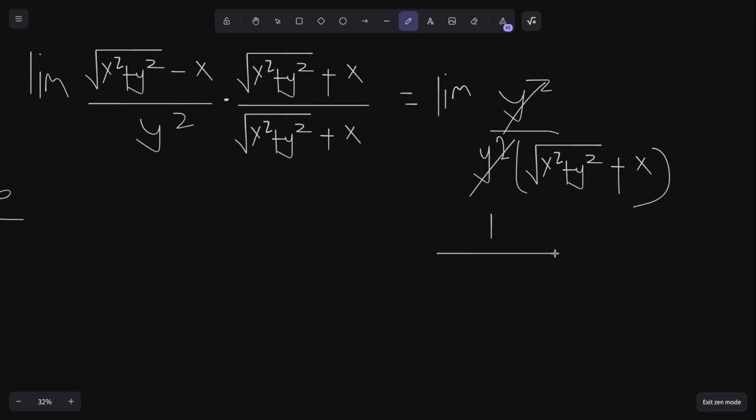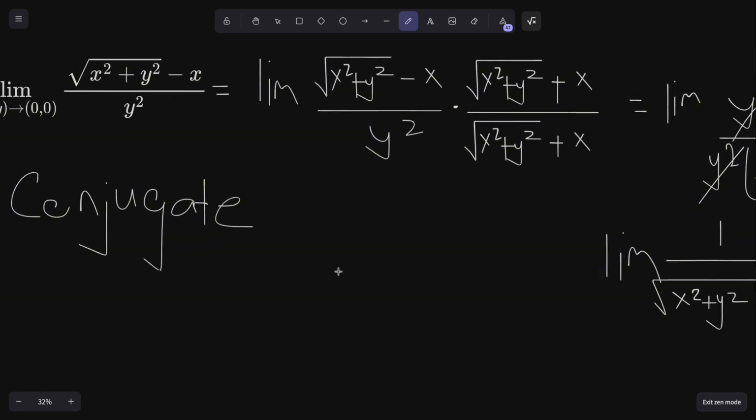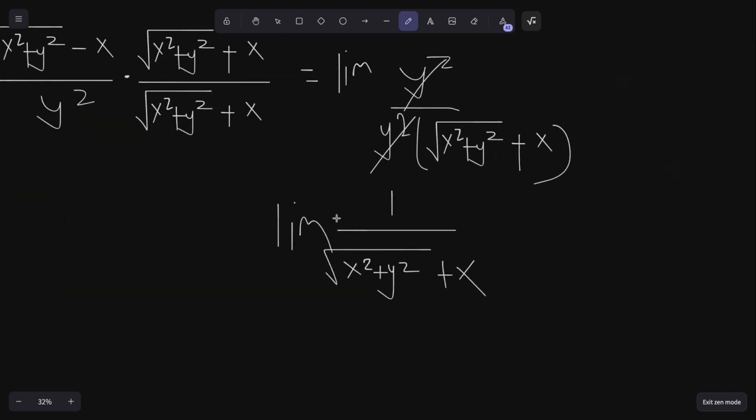So you have 1 over the square root of x squared plus y squared, plus x, and it approaches 0, 0. So if the x value and the y value both approach 0, the denominator is just going to be equal to 0.